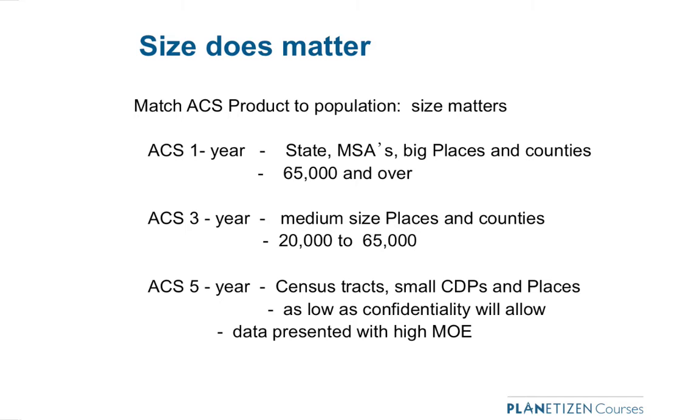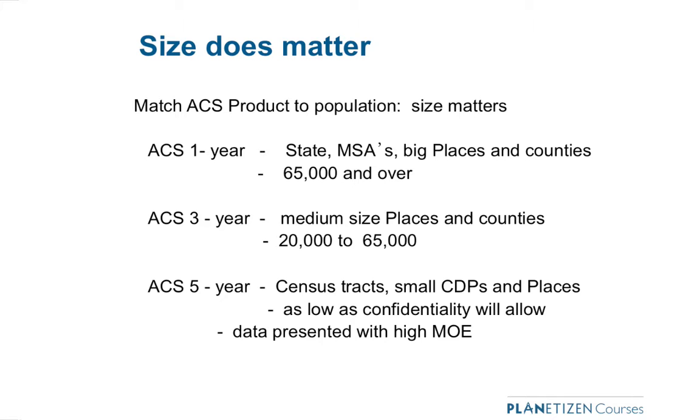The ACS 3-year data, as you can see, takes the threshold down to 20,000 people. Now you're picking up small towns, small counties throughout the country. The difference is it's a 3-year data set. And then finally, the 5-year data, which is meant to replace the sample data from Census 2000, takes you all the way down to census tracts, really small census-designated places, little corner communities of several hundred people, and basically as low as confidentiality will allow.